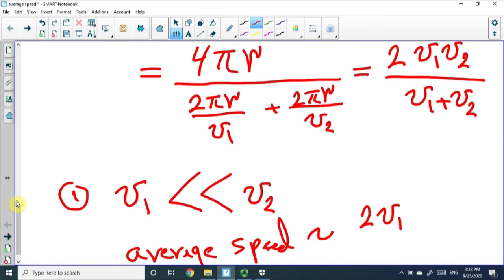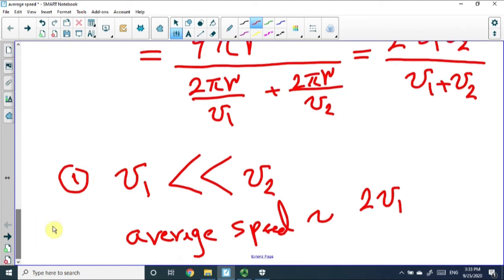However, the time for doing that will almost be the time to finish one lap, because the second lap is going to take such a short time that you can ignore it. So we get twice the distance divided by t1, and that gives us twice v1. So it's only in this limit, when v1 is much smaller than v2, that the average speed will be almost twice v1.